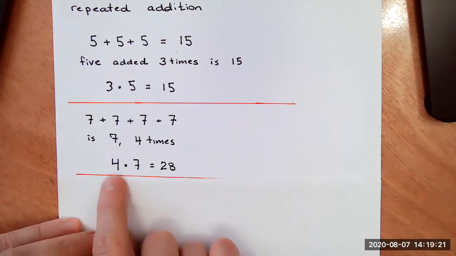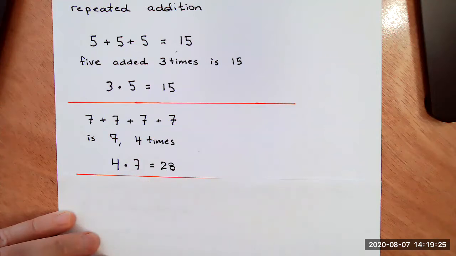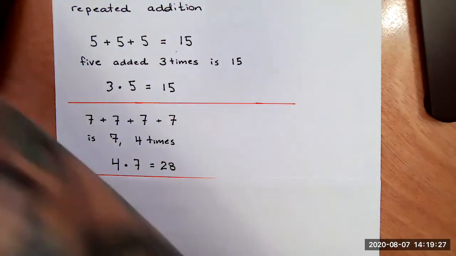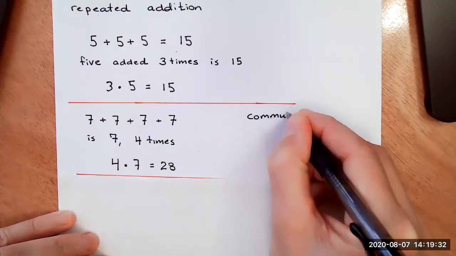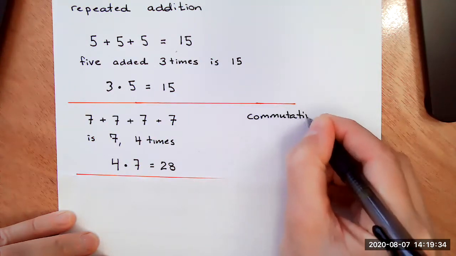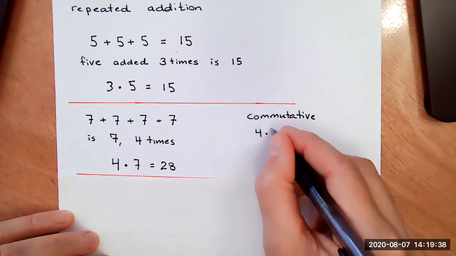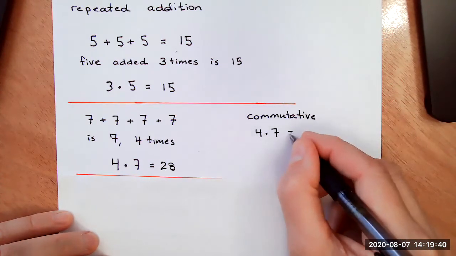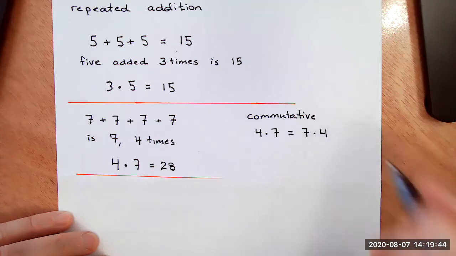So that's 4 times 7. Multiplication is commutative, which means that 4 times 7 is the same thing as 7 times 4.